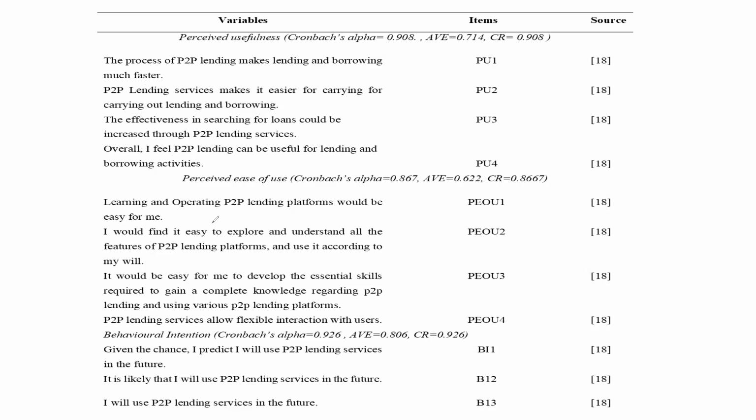Similarly, I have a second construct which is perceived ease of use, which is nothing but the complexity of the system. My first question is, learning and operating the P2P lending platform would be easy for me. Second question, I would find it easy to explore and understand the features of the P2P lending platform. Similarly, if you are conducting social sciences research and you have identified certain constructs, you would be able to find the items from any peer-reviewed article.